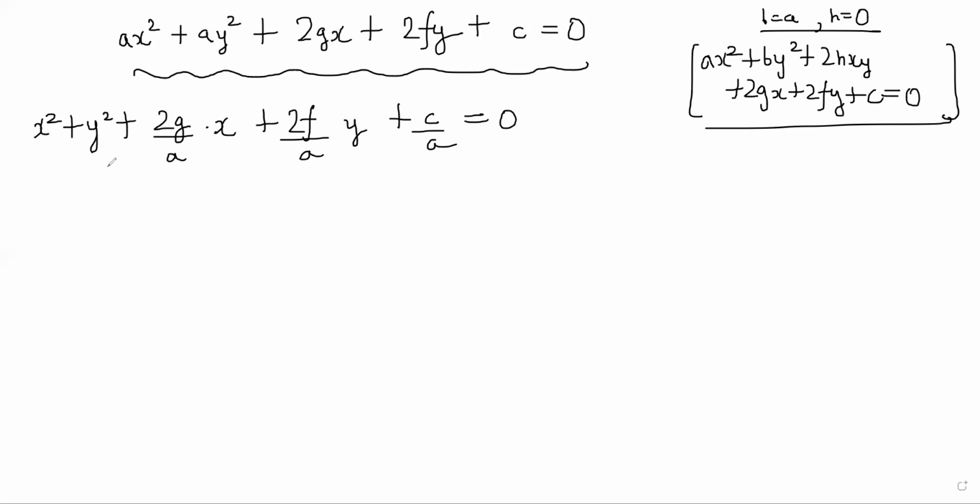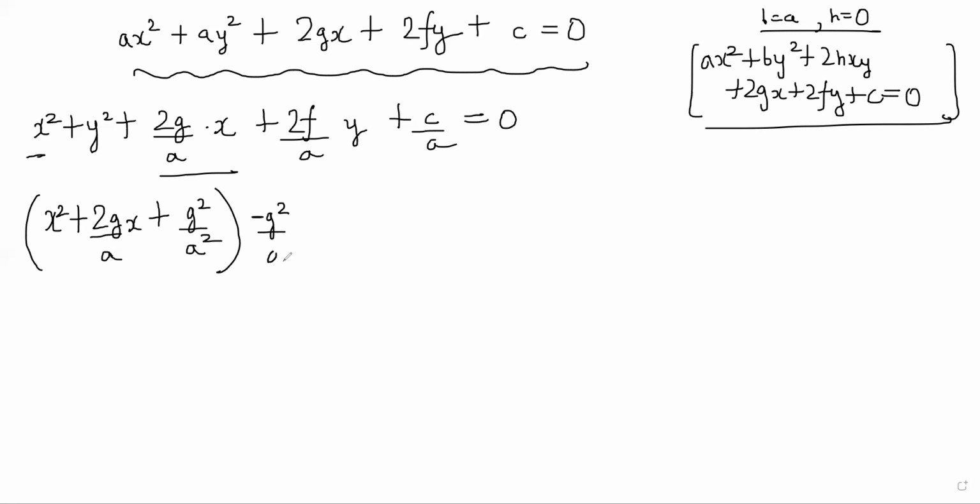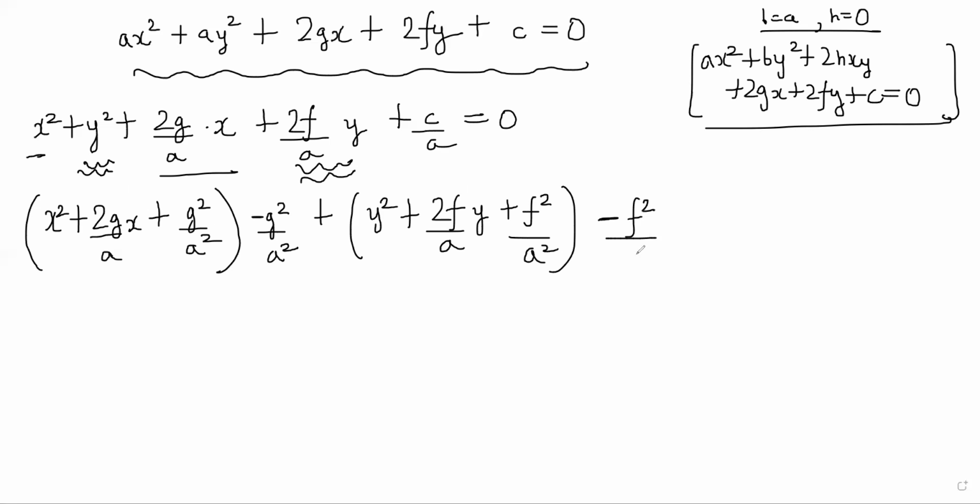And now what I will do is the completing the square method. So I will say x square plus (2g by a)x I will take together, and I will add g square by a square, and later I will subtract the g square by a square. Then y square plus (2f by a)y together, plus I will add f square by a square and I will subtract f square by a square, plus c by a is equal to 0, right?